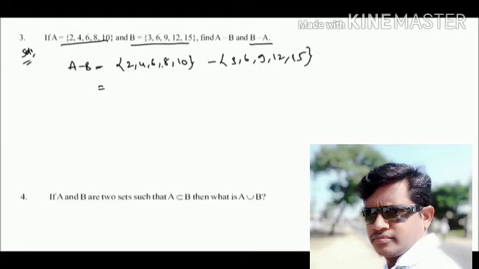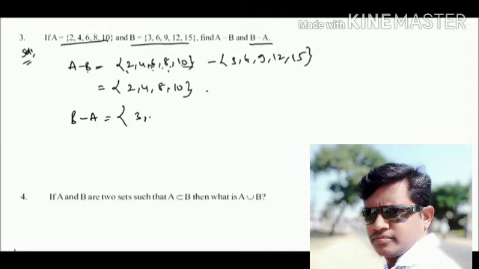A minus B means: in the first set, 2, 4, 6, 8, 10, the number 6 is in both sets. That is why we don't take it, because we are doing minus here. We take only the remaining terms without this number, like 2, 4, 8, 10. Only 6 is in both sets. If we remove this, we write A without 6. And B minus A we need to find here.